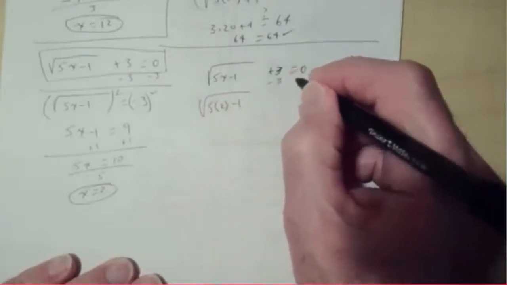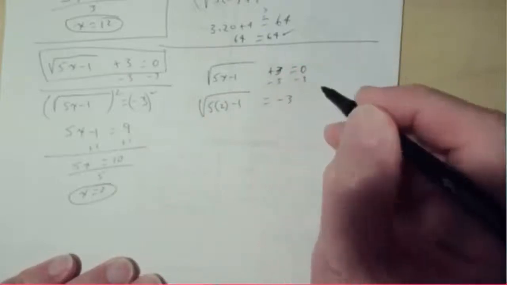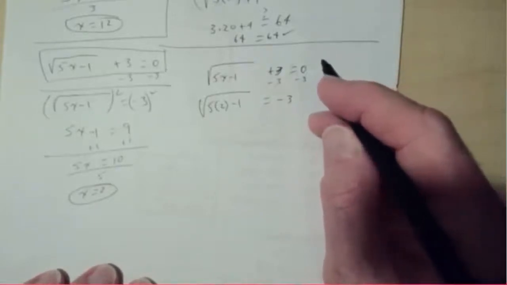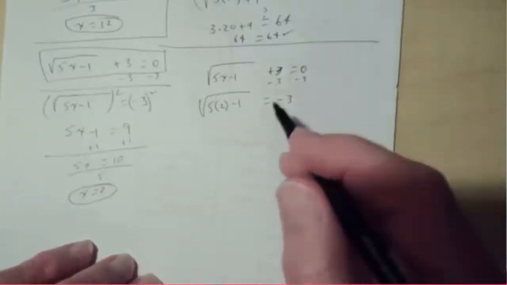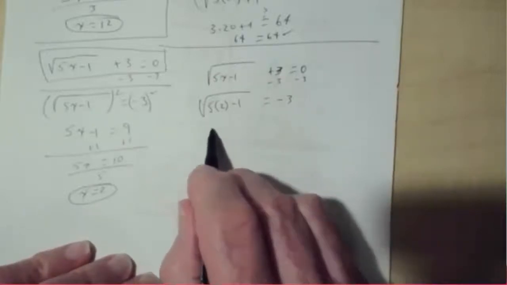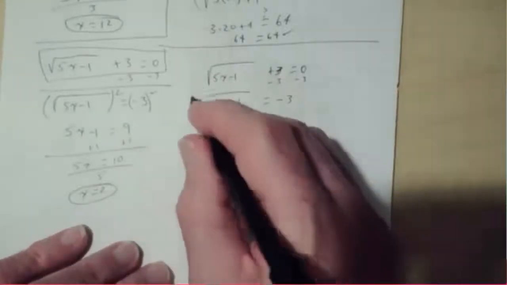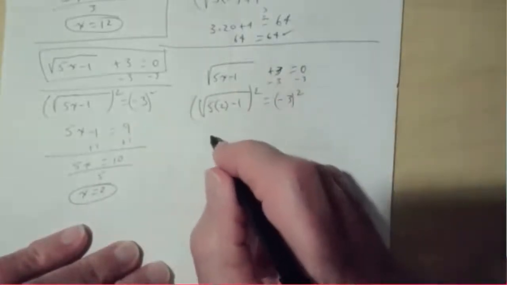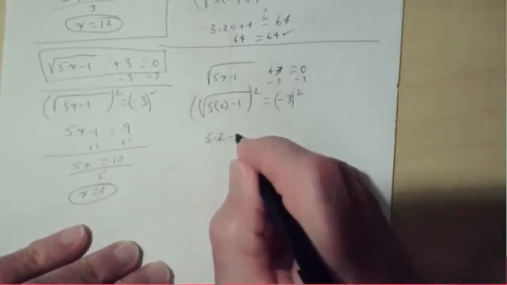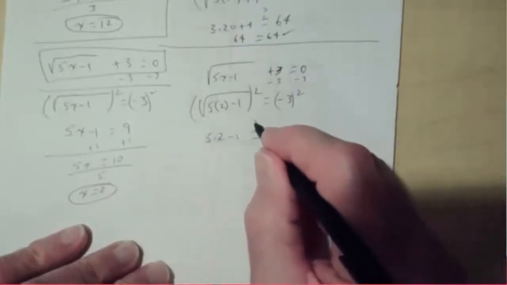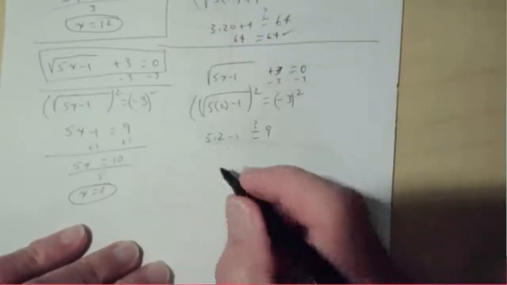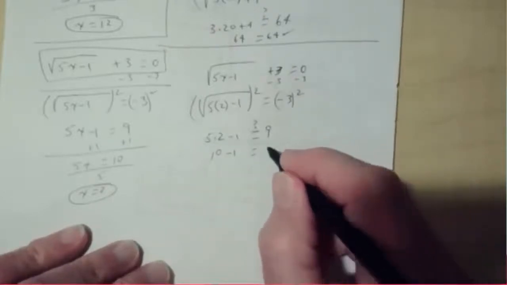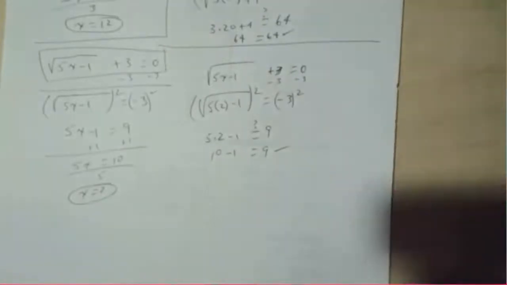Let's subtract 3 from each side, equals negative 3. And then to get rid of this, we square it. So we have 5 times 2 minus 1. Does that equal 9? 5 times 2 is 10. Minus 1 is 9, so that works.